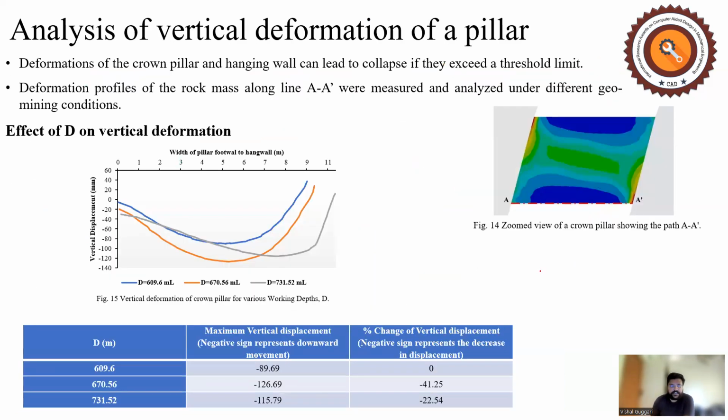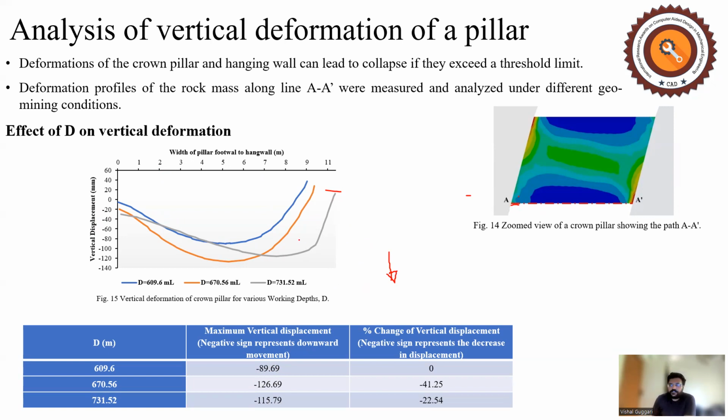Now coming to the analysis of the vertical deformation. The vertical deformation has been measured at the bottom of the crown pillar from A to A dash, and it has been plotted against the width of the whole body. Here in the table, the negative sign indicates the downward movement of the rock mass, where you can see the effect of depth on vertical deformation.